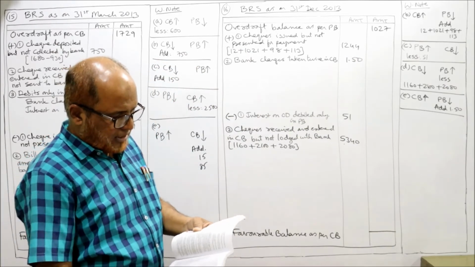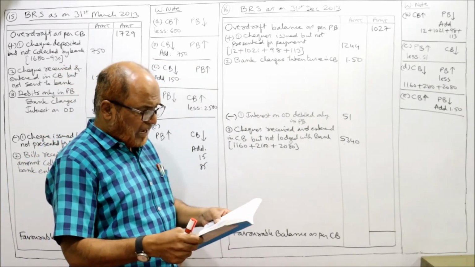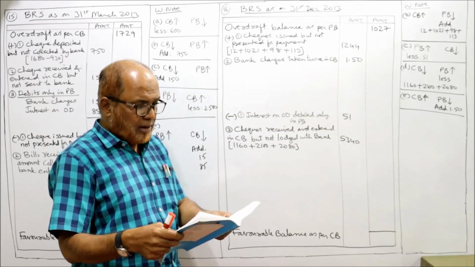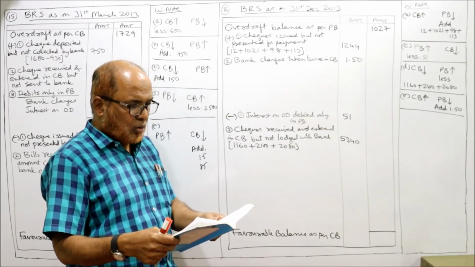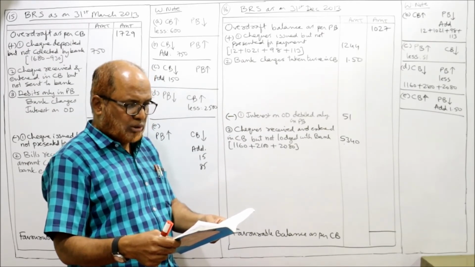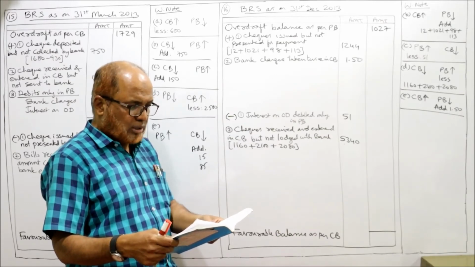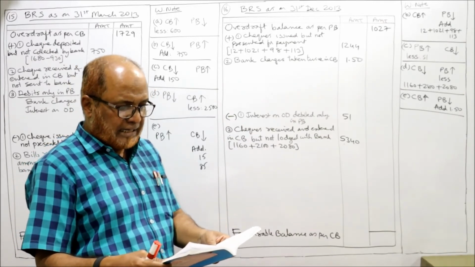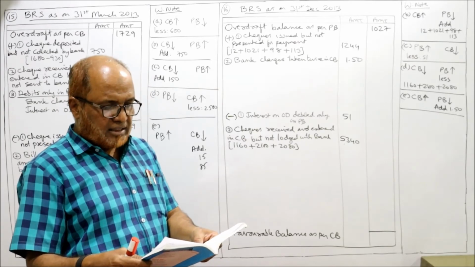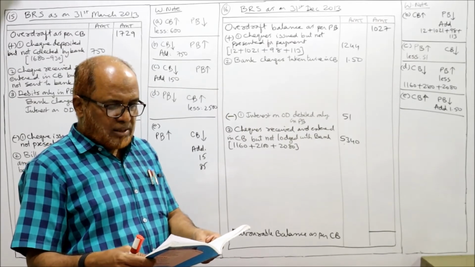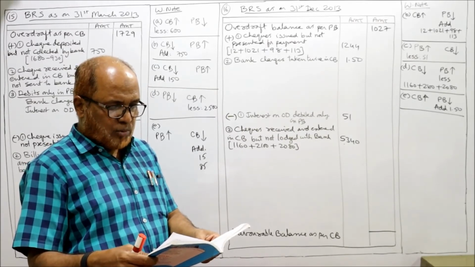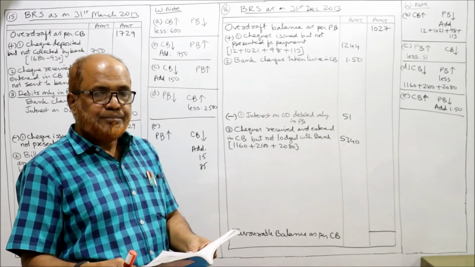Next item, F point. Bills receivable of 250 rupees due on 29th December 2013 was passed to the bank for collection on 28th December and was entered in the cash book forthwith, whereas the proceeds were credited in the passbook only in January following.